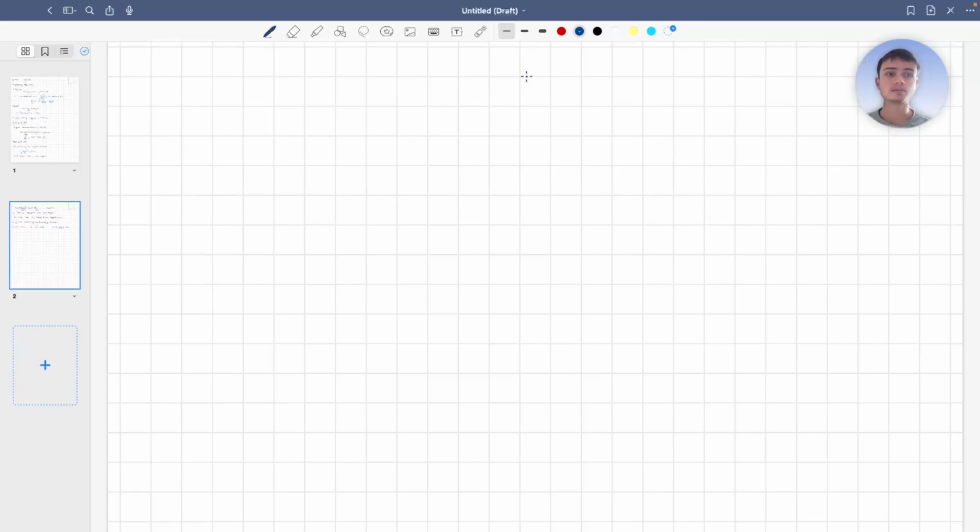All right. So let's not wait any more, and let's move ahead with the very first problem of how to solve a first order differential equation.